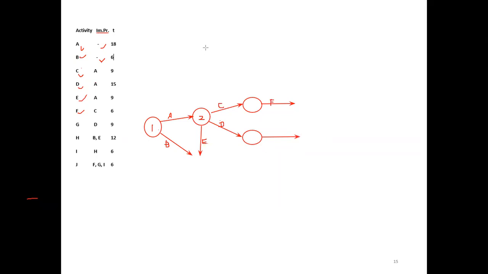When D finishes, G starts. Okay, now the G activity will start. So simply you see here: A started, A and B finish, C starts, C and D start, C finishes, F starts, then D finishes, then G starts.